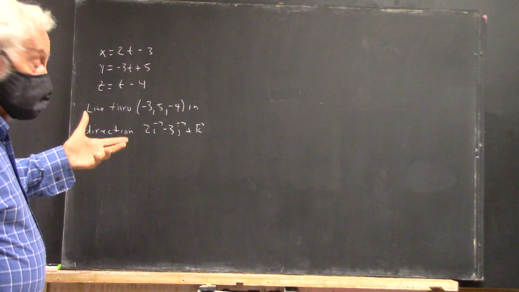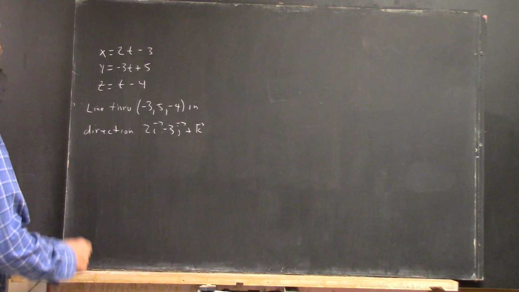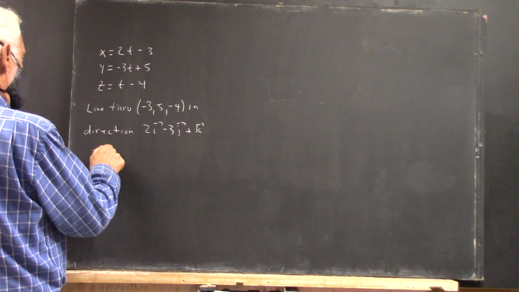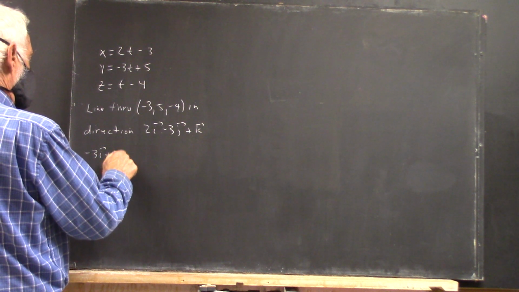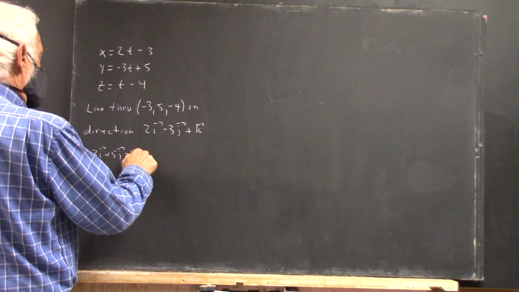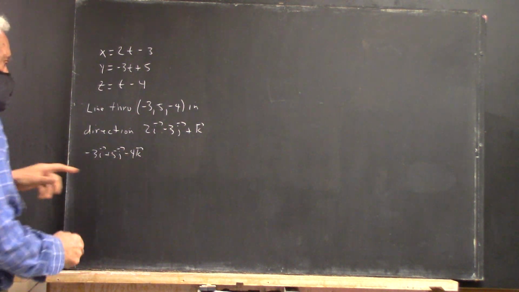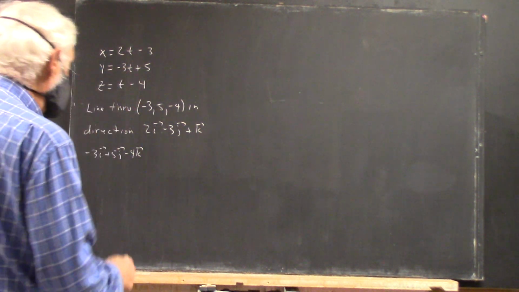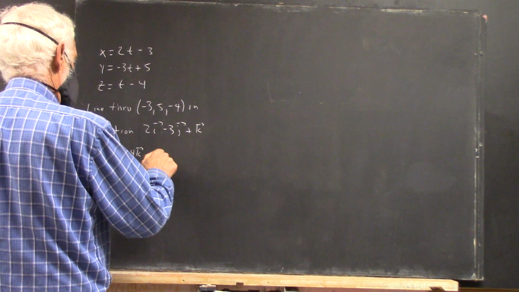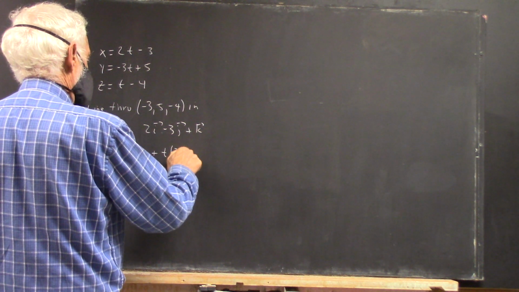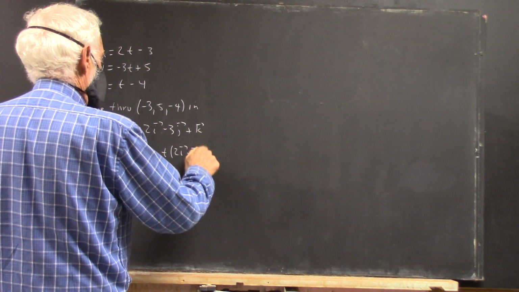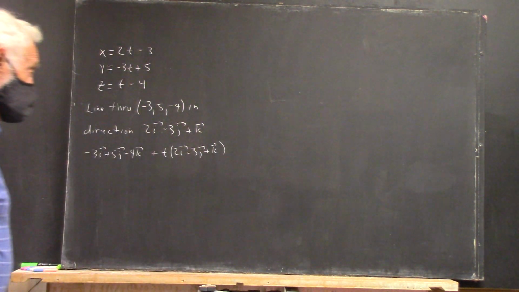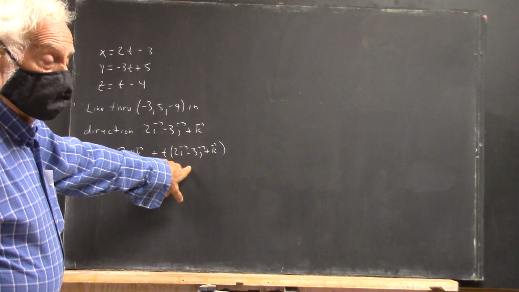Because the vector (-3i plus 5j minus 4k) goes from the origin to this point. And then you take whatever parameter you want to use, of course we use t here, and multiply it by this.